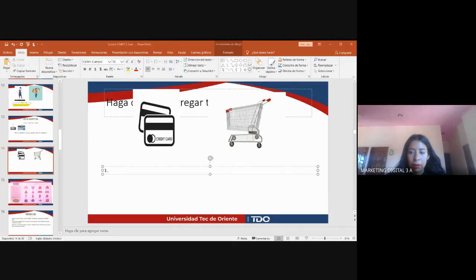The car. Yes. And the cart. It's a trolley. A credit card. It's smaller than the trolley. Aha. What else can you say about this?